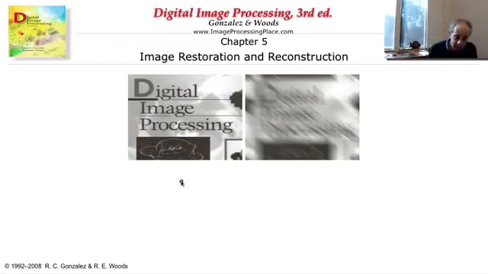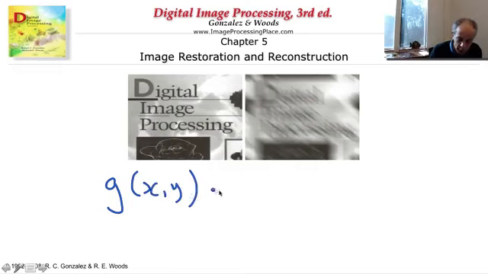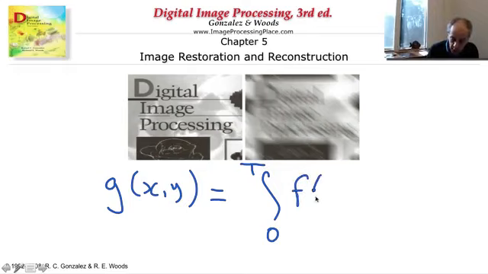And the basic idea is, going back to our G and F functions, your G function that we are observing is actually the integral from 0 to T, that's the time of integration of your camera, of your image at x. But the point x is moving.